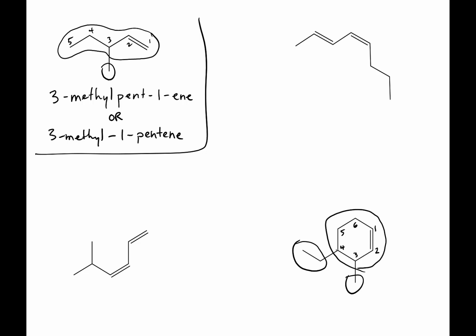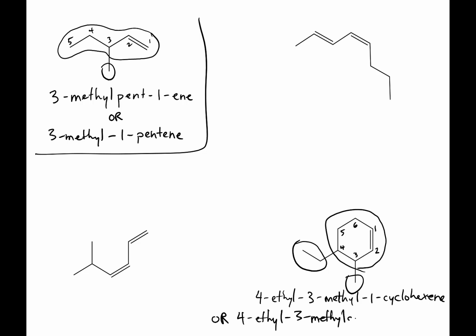The ethyl in the name comes before methyl, so this becomes 4-ethyl, 3-methyl, 1-cyclohexene, or 4-ethyl, 3-methyl, cyclohex-1-ene.